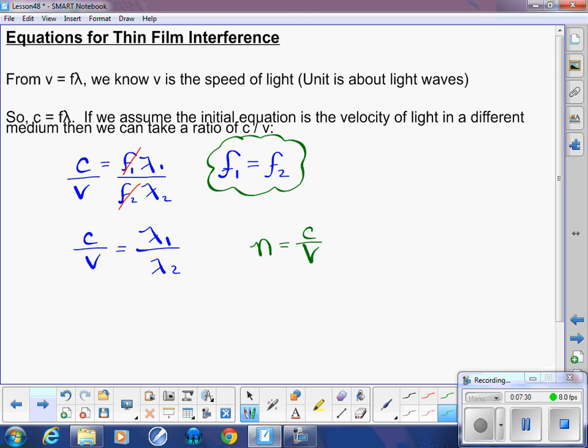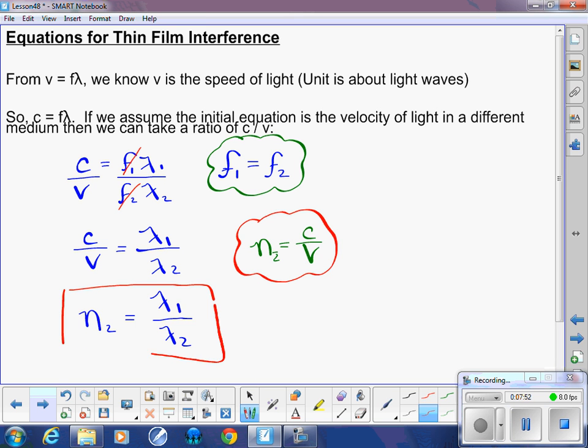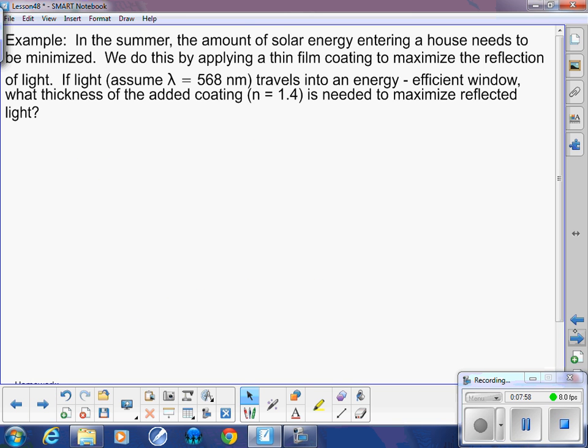So that is our new medium, n2, which means our formula on the left gets simplified down to the index of refraction for the new material it's entering being equal to the wavelength exiting, divided by the wavelength of light entering. We find that this relationship will become very handy as we move through some of the examples. So into the examples finally.